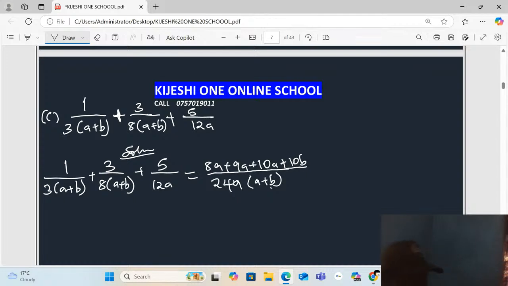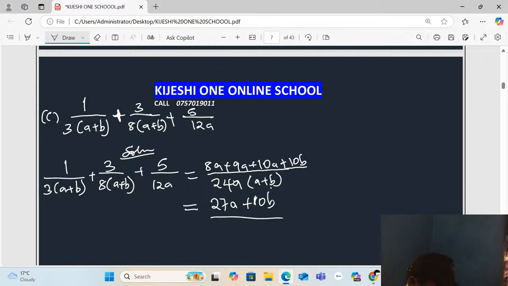So you have 8A plus 9A plus 10A plus 10B. Now we collect our like terms together. 8A plus 9A, and we also have 10A, so 17 plus 10, that is 27A plus 10B.